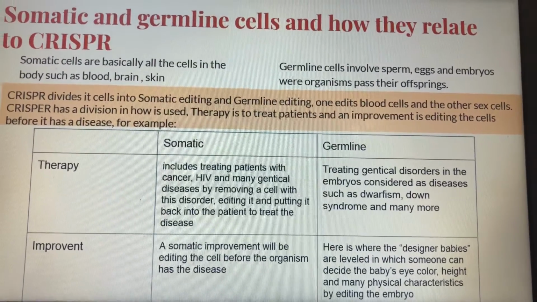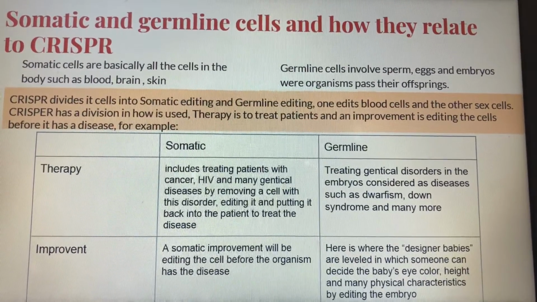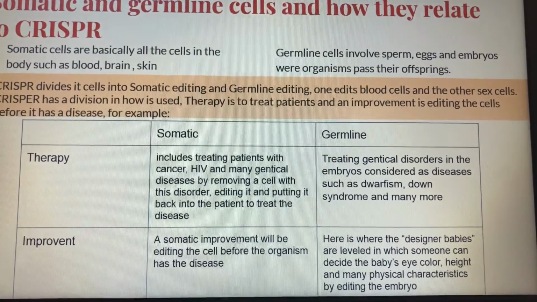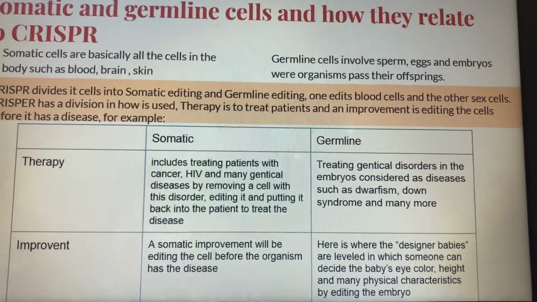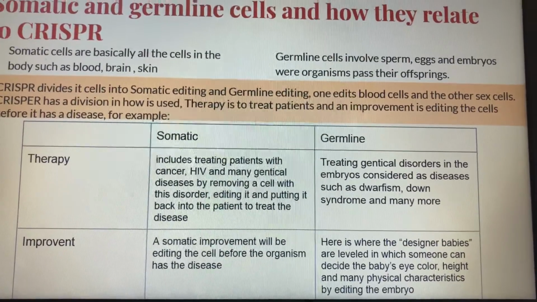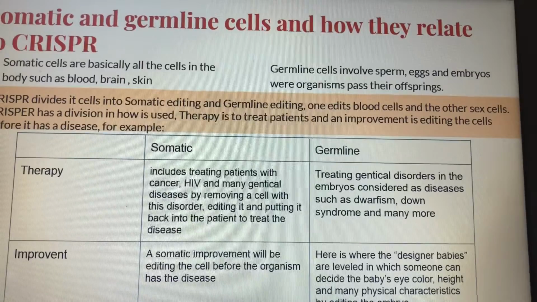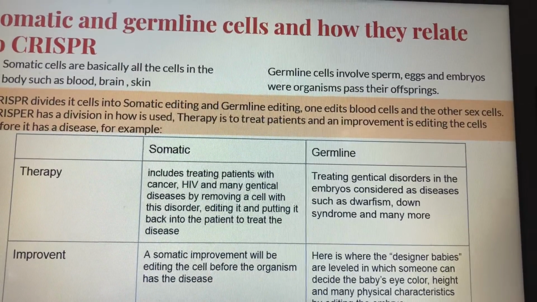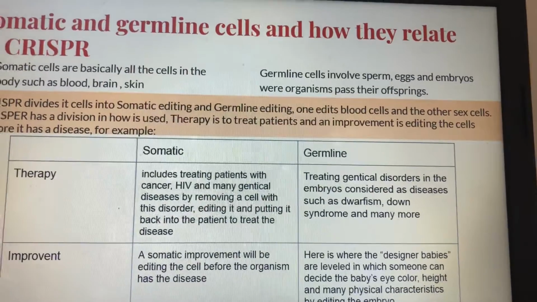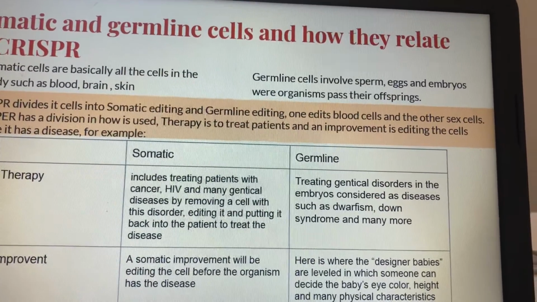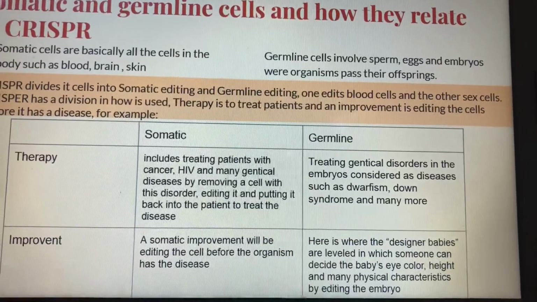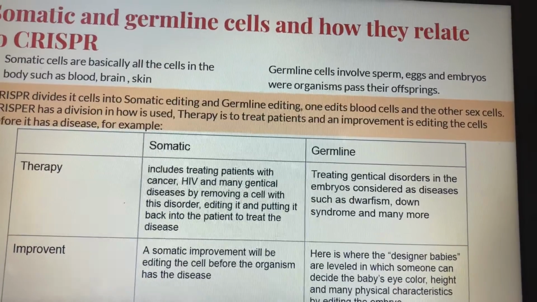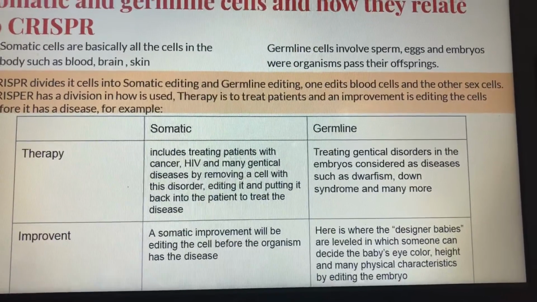An improvement in somatic cells would be editing the cell before the organism has the disease. For example, they take samples of your blood, and if you have a high potential of cancer, they introduce the modified cells to prevent you from having cancer in the future.